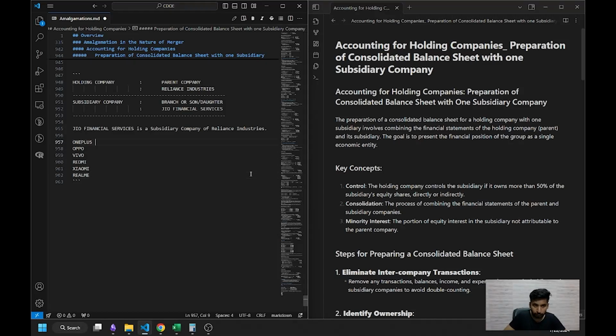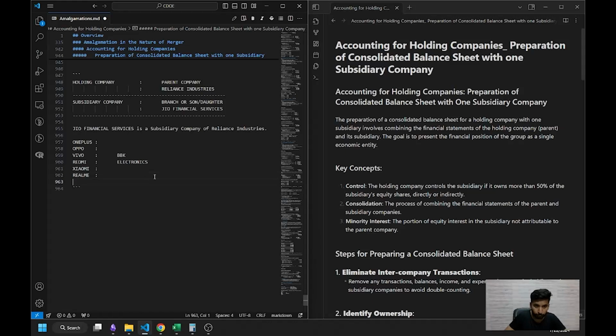These are all Chinese brands of mobile phones, and they have a single parent company named BBK Electronics.